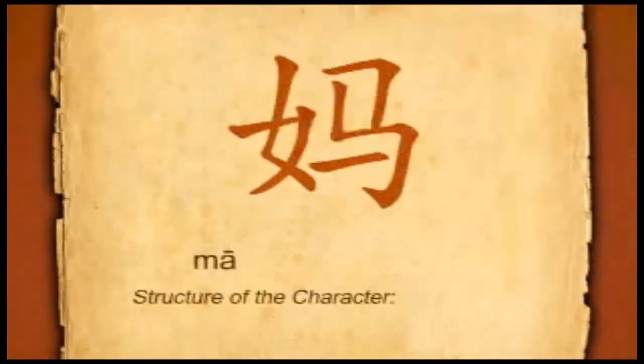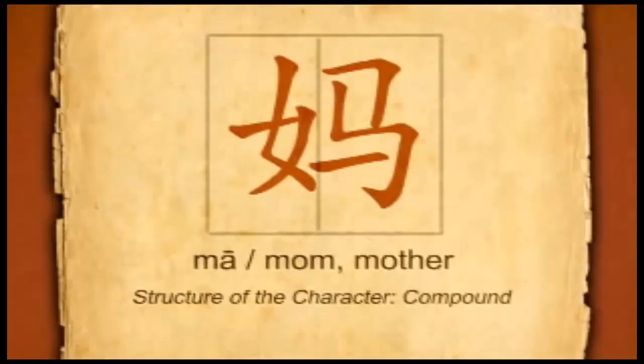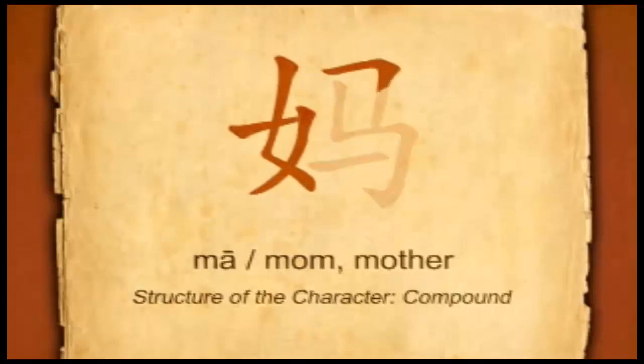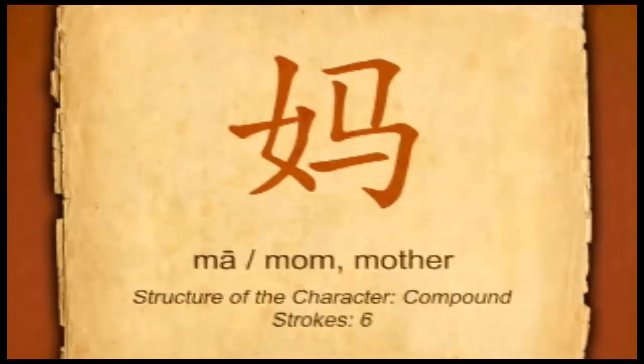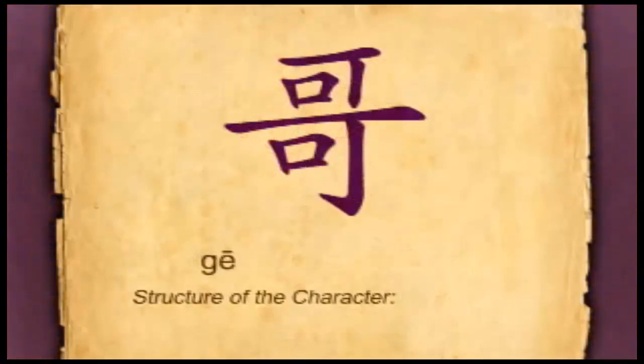The second character is 妈. You know it from the word 妈妈, meaning mom or mother. What type of structure do you see? Yes, compound structure. Look closely and tell me how many strokes you think make up the character 妈. Very good. There are 6 strokes. Our last character today is 哥.